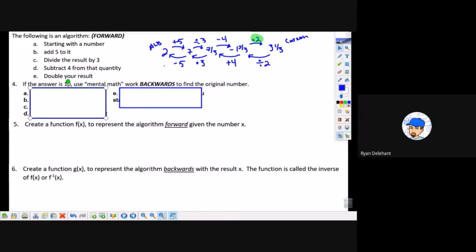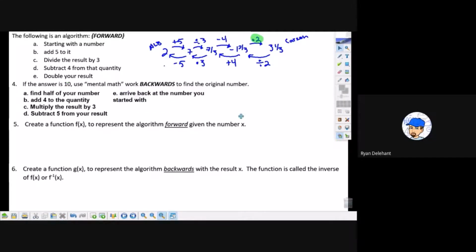But you could also list these out as steps. When we went backward, we would half the number, which is divide by 2. Then we would add the 4, multiply by 3, subtract the 5, and then we would arrive back at the number that we started with. Since I didn't pick a really nice number to start with, it makes it a little tougher, but I promise you that it would work.